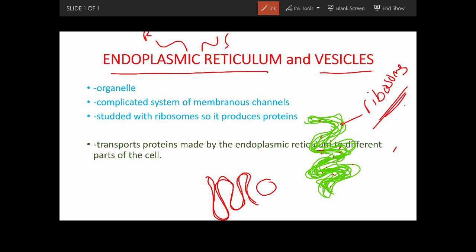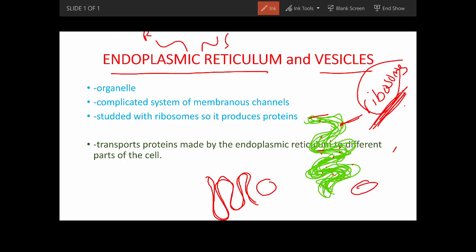So the ribosomes on this, how do they help proteins to be transported? Ribosomes are the main site of protein synthesis, so they produce proteins in the endoplasmic reticulum.